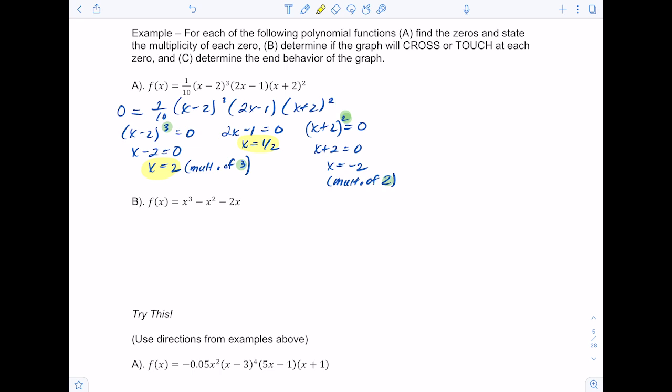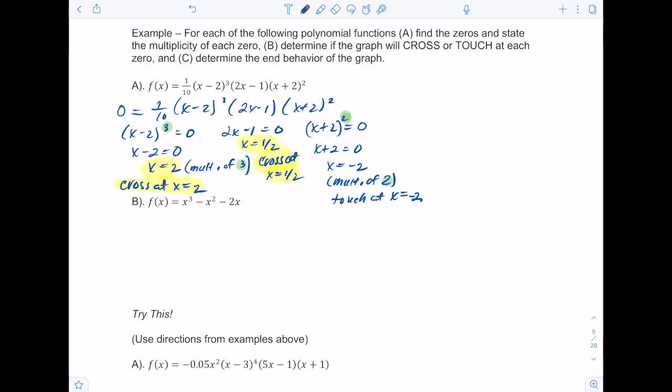So it's going to cross the x-axis there. So here it's going to cross at x equals 2, and here it's going to cross at x equals 1/2. And you'll see that in the graph. And then even multiplicity means that the graph is just going to touch the x-axis at that point. So it's going to touch the graph at x equals -2.